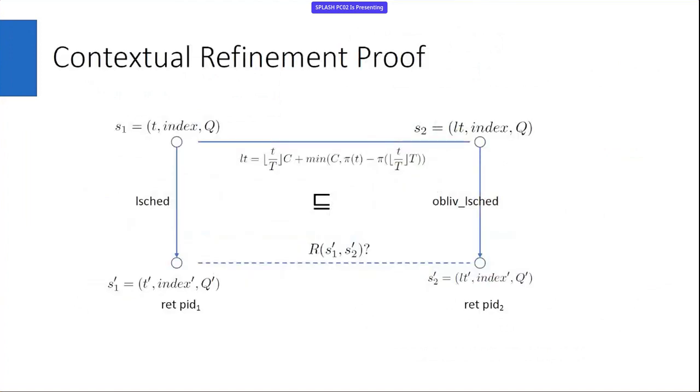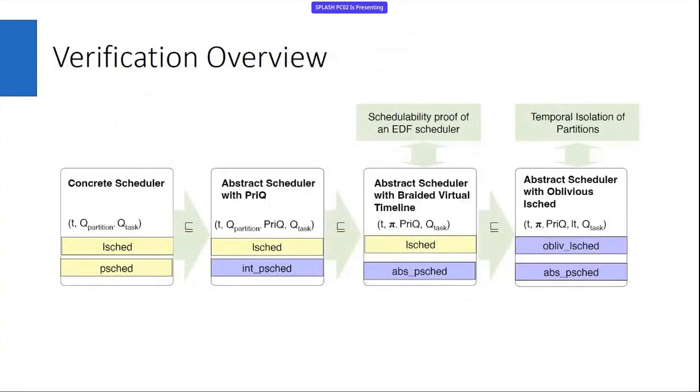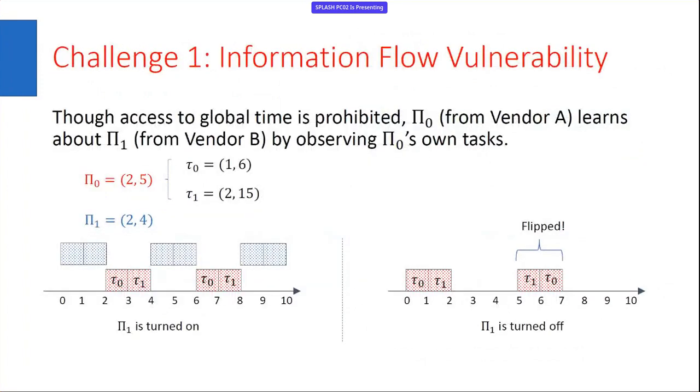You could show the simulation diagram, the details in the paper, of how the logic time is related to the global time, and so on. I'm not going to go through that detail. Remember, the key idea is we are trying to avoid this information flow vulnerability coming from the flipping problem. We want to avoid that these schedules flip.